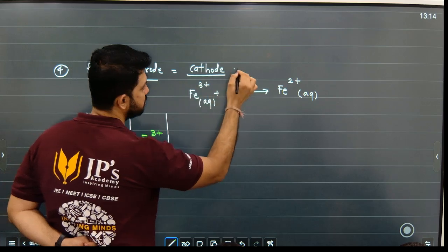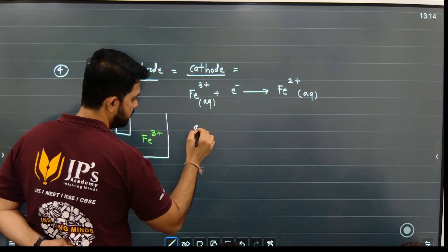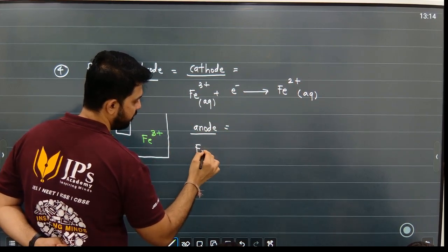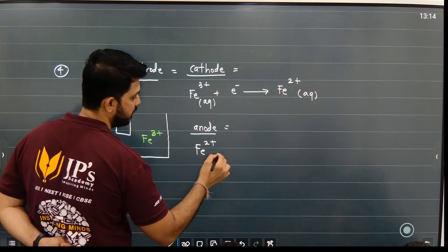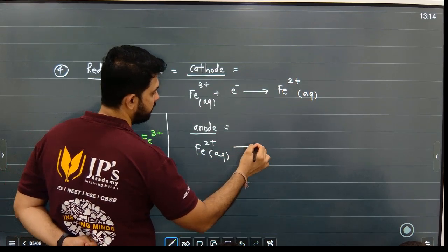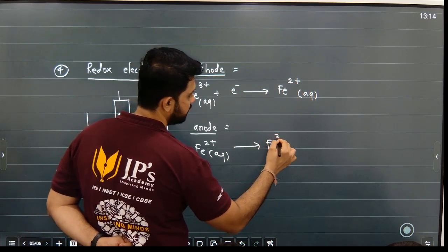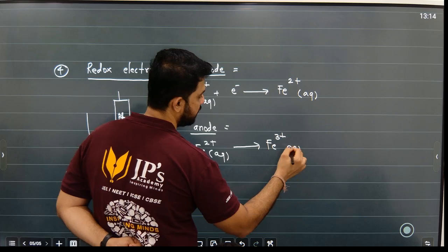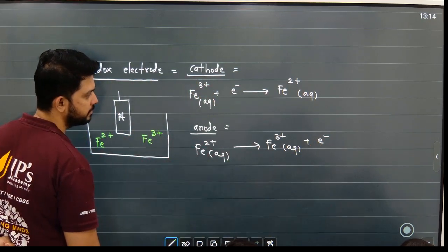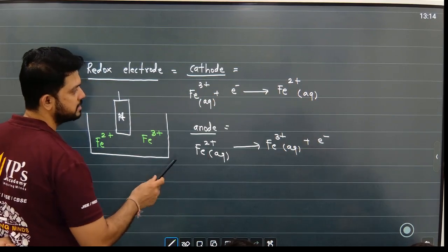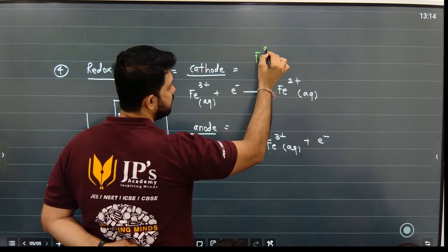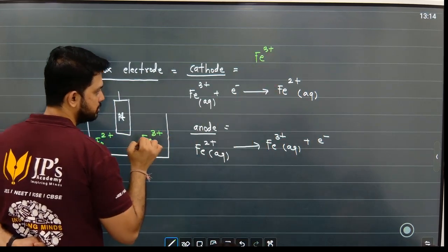This is its behavior as cathode, and its behavior as anode will be Fe2 plus aqueous getting converted into Fe3 plus and releasing an electron. How will I represent this? What is happening? Cathode पे Fe3 plus, उसका state क्या था?